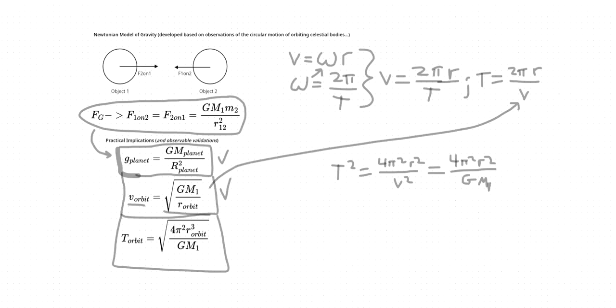Then if I have something in the denominator of my denominator, which would be this r orbit, I can put it back into the numerator. So times r. If I simplify, I have r squared times r up top. I can combine those. I get 4 pi squared r cubed over big G times the mass of the planet.